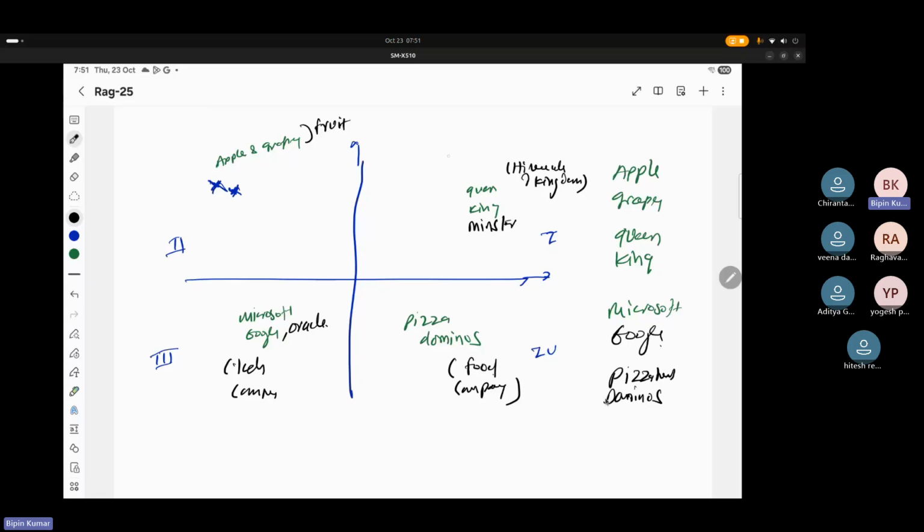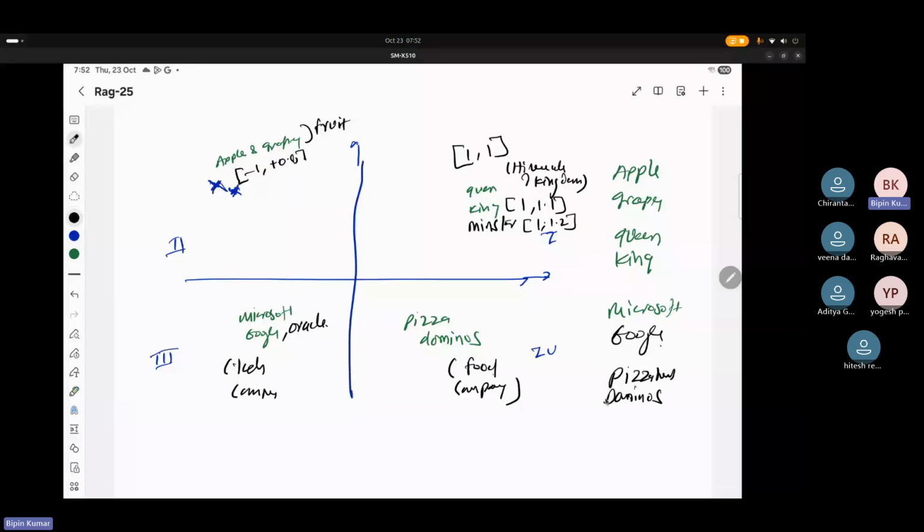So for example here, queen will be maybe 1 comma 1, king will be 1 comma 1.1, and minister will be maybe 1 comma 1.2. Okay, similarly apple embedding will be, let's say, -1 comma plus 0.8.